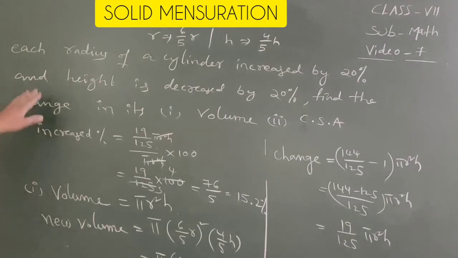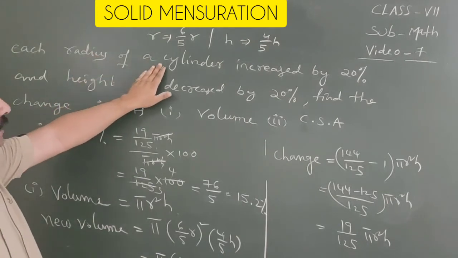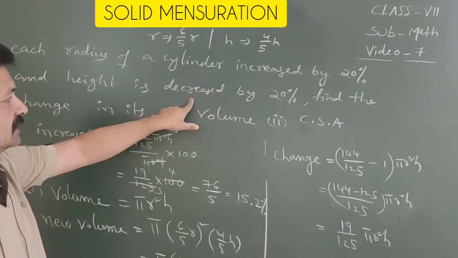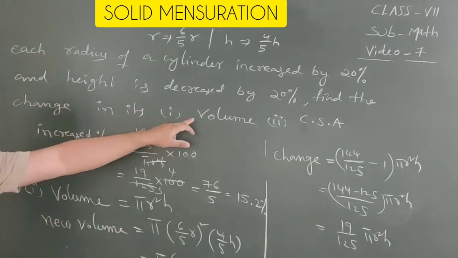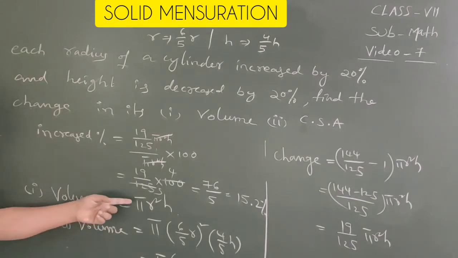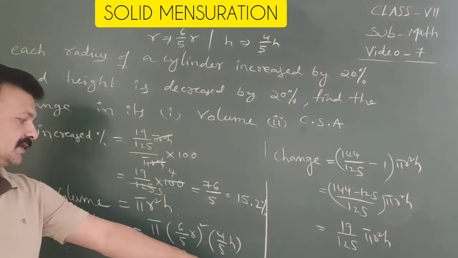Okay, here each of the radius and height of a cylinder is increased by 20% and decreased by 20%. Then find the changes in its volume and CSA, they are asking. Here old volume is pi r square h, new volume according to the increment and decrement of R and H, we got 6 by 5 whole square and 4 by 5.